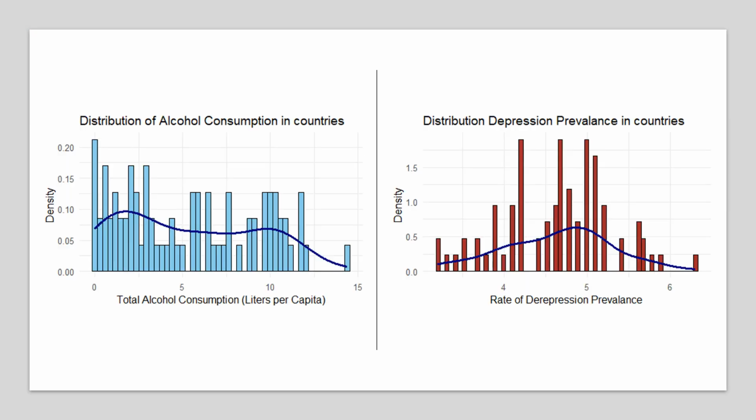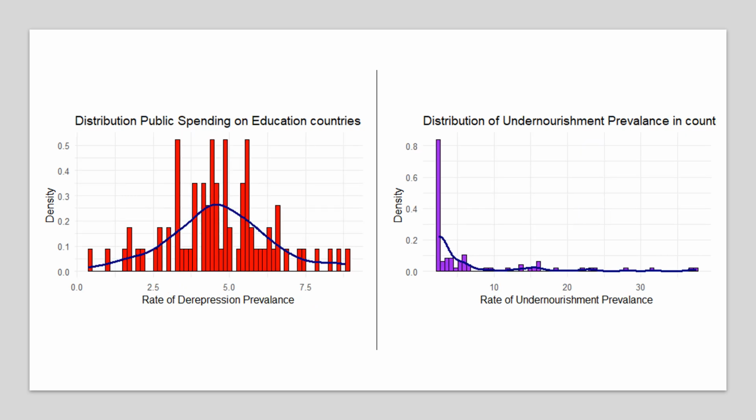As part of my EDA, I always like to visualize my variables if they're numeric and get a distribution for them. And so I'm just going to be showing the plots here. We have distribution of alcohol consumption in countries, and on the right we have distribution of depression prevalence in countries. Here on the left we have public spending on education.